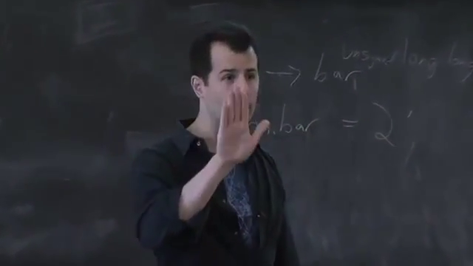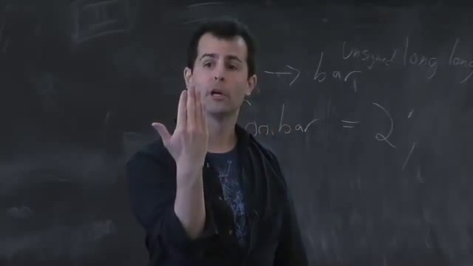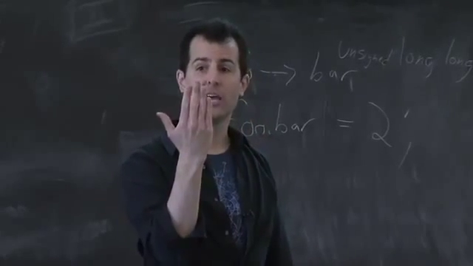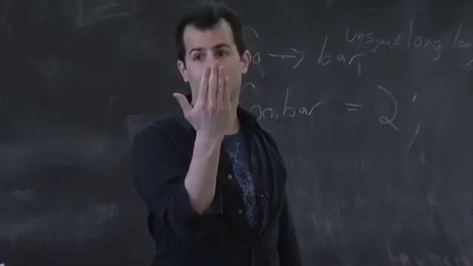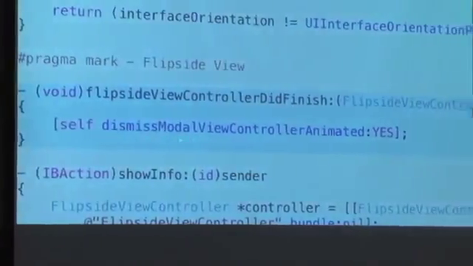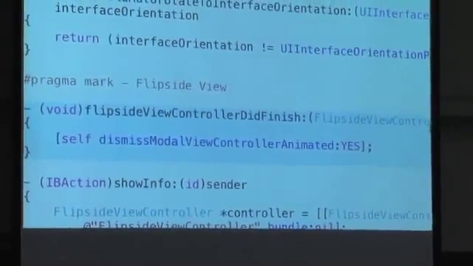He is in charge of everything. And if you want to see something else, he will temporarily present a modal, but control will ultimately be passed back to him. How? The flip side will say, I'm done, go ahead and tear me down. And the means by which you tear down the modal is by passing to yourself this dismissal message, dismiss modal view controller. And the animated is just fluffy aesthetics.